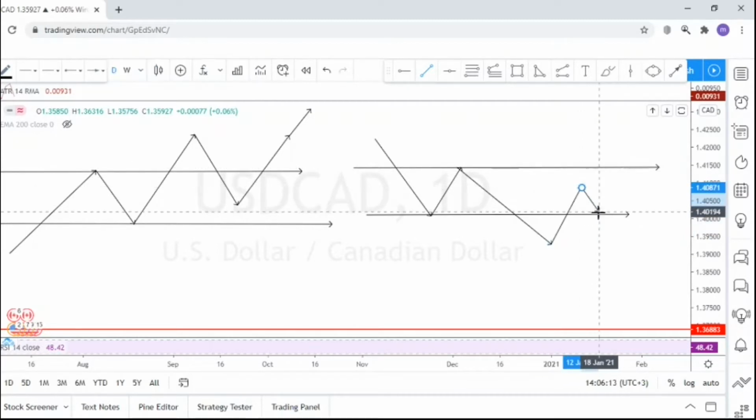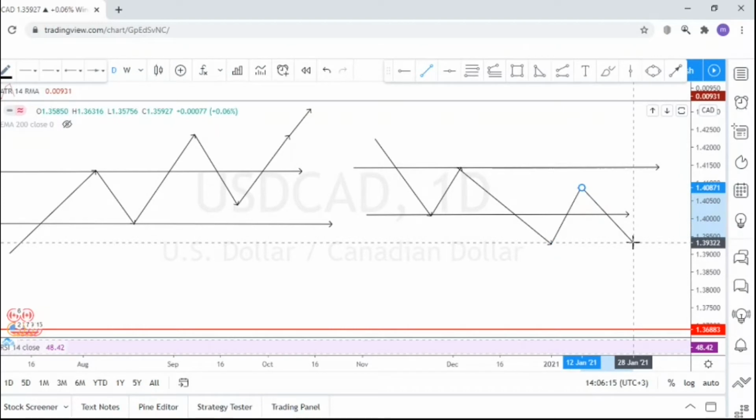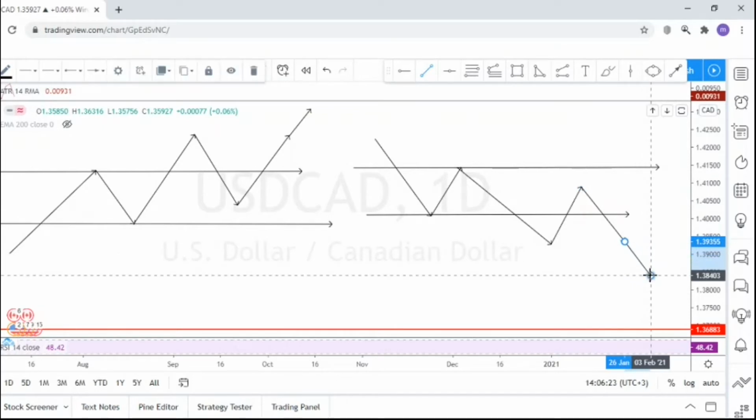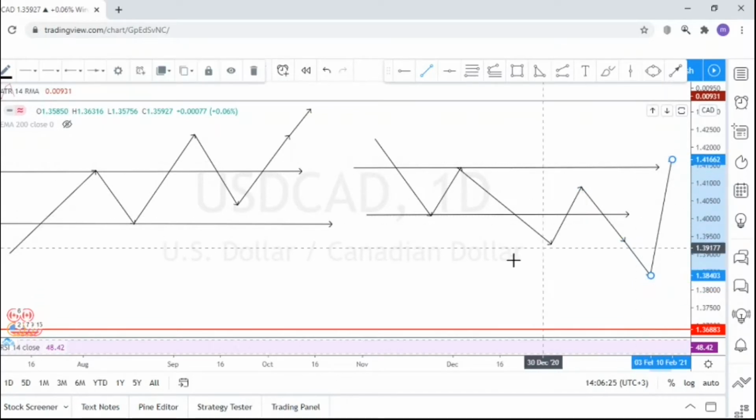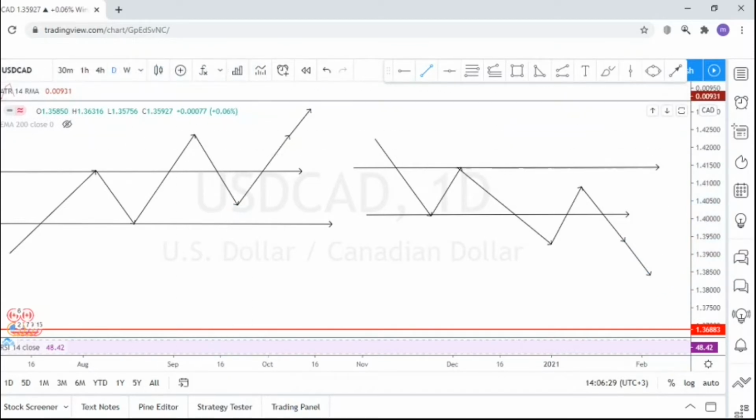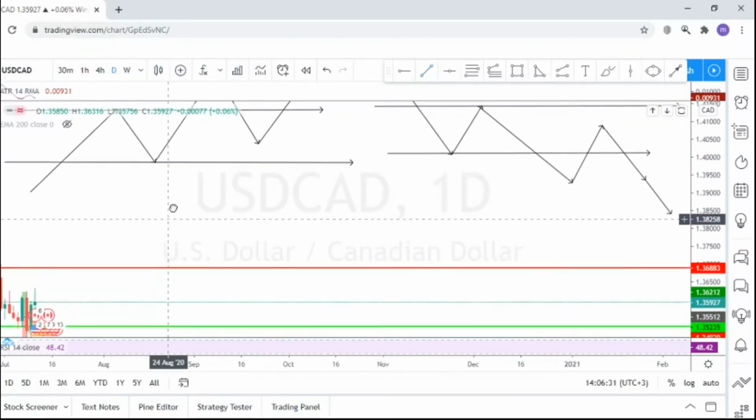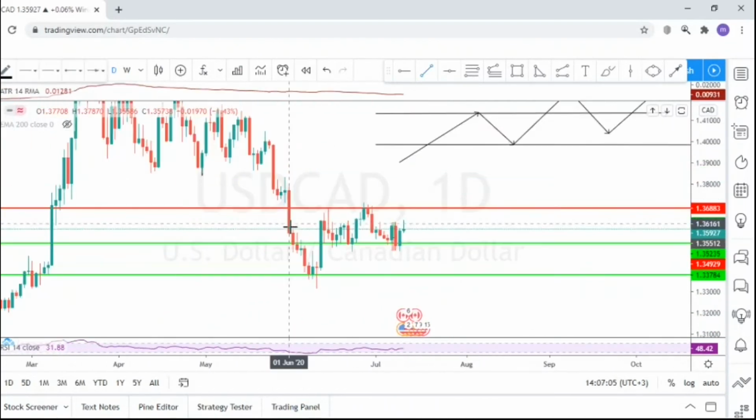Then I expect this market to at least come back to the previous structure or continue to the downside before it goes back to the upside. So this is the simple way I use to determine the direction of the market.